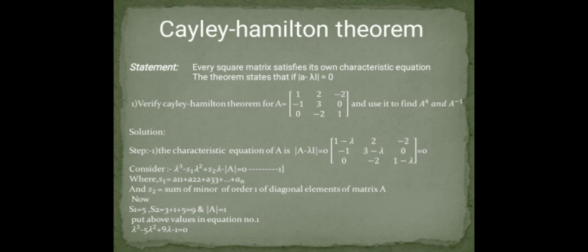Consider lambda cube minus S1 lambda square plus S2 lambda minus determinant of A equals 0, equation number 1, where S1 equals the sum of diagonal elements and S2 equals the sum of minors of order 1 of the diagonal elements of matrix A. Now S1 equals 5, S2 equals 9, determinant of A equals 1. Put the above values in equation number 1: lambda cube minus 5 lambda square plus 9 lambda minus 1 equals 0.